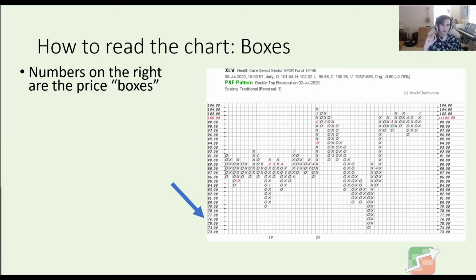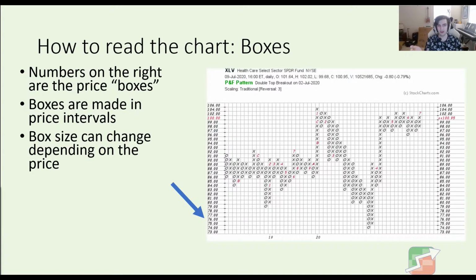So when the price then goes to 77, now we go into the box that says 77. Again, these boxes are price intervals. They're not a single price. It is a range of prices. And depending on what that number is, the box size can change slightly.